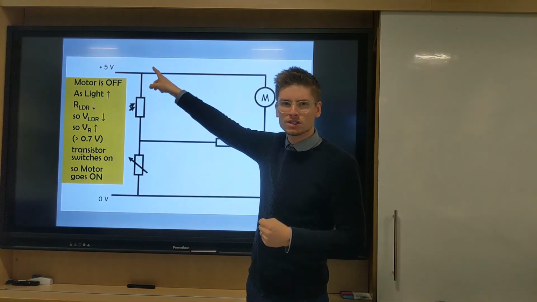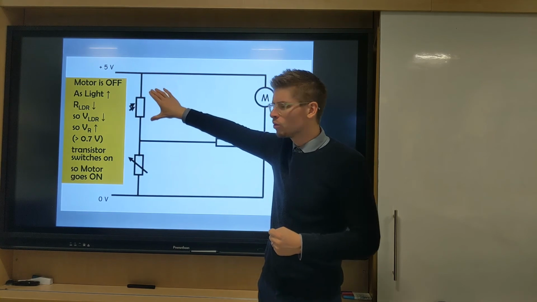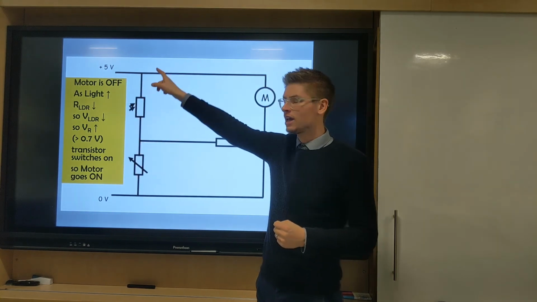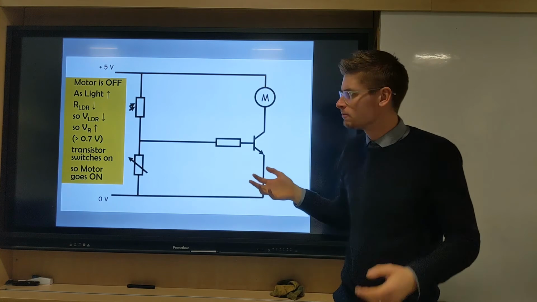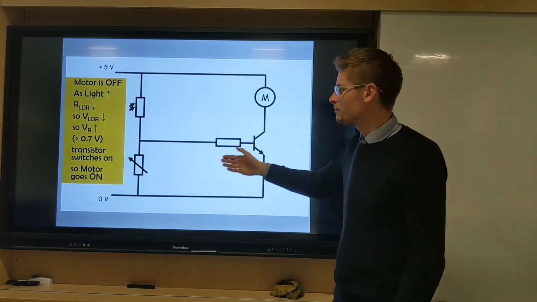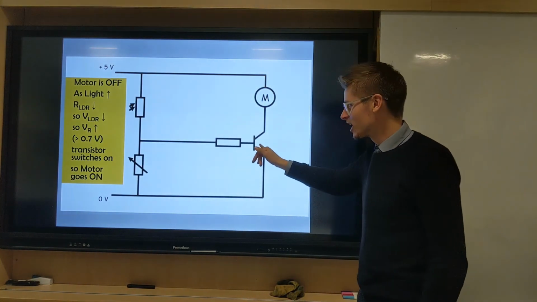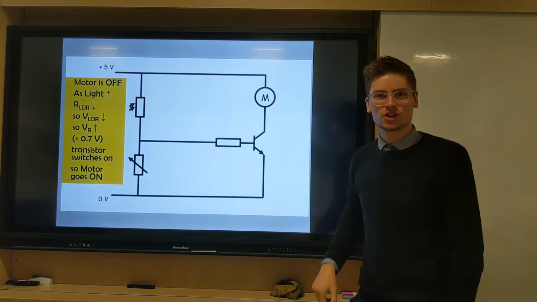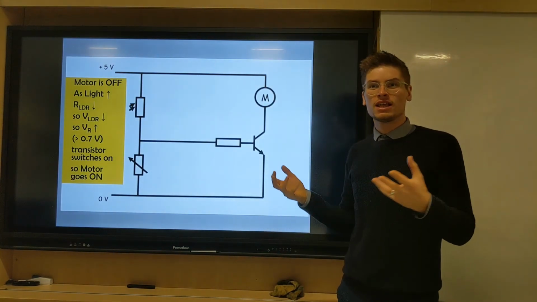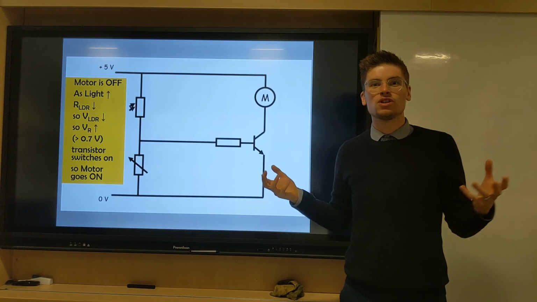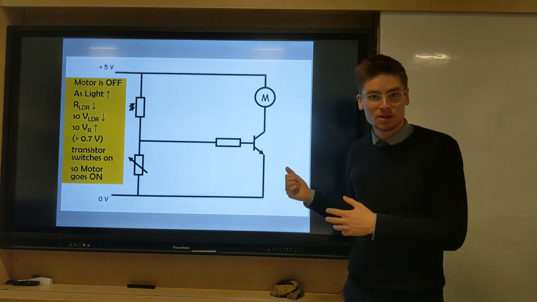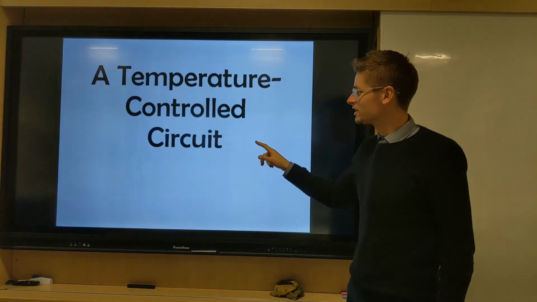Why? Because everything must add up to 5 volts. So if you get a lower voltage here, this must add up to get to 5. Then that means if the voltage is great here, it turns on the NPN transistor, and therefore the motor turns on. So for example, this would be like if it was too light and you need blinds to come down. This would be the circuit you'd use.